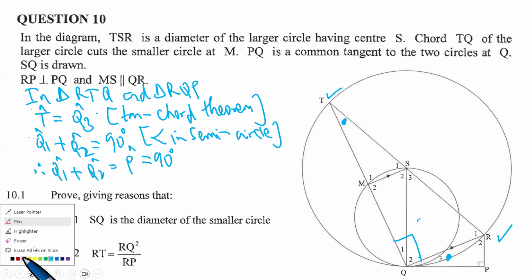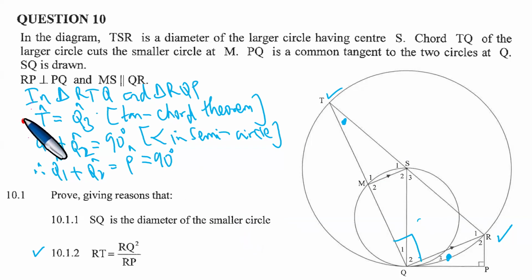Right, this is it. We have the angle T equals Q. We have the angle Q1, Q2 equals P. In other words, this angle here is equal to the angle Q, and the angle Q1, Q2, which is this angle here, is equal to the angle P. And therefore, we're left with the angle R2 and the angle R1.